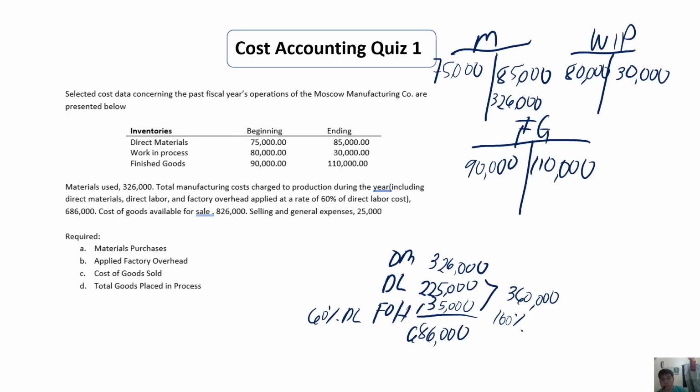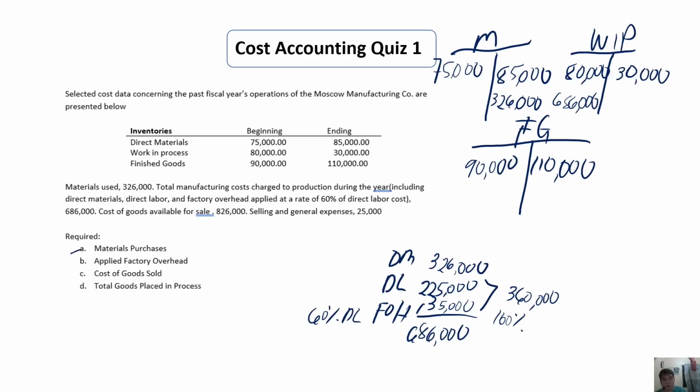Yung other way to compute for the factory overhead, 225,000 multiplied by 60% kasi ayun yung ating application rate. 225,000 times 60%, the result will also be the same, which is 135,000 pesos.